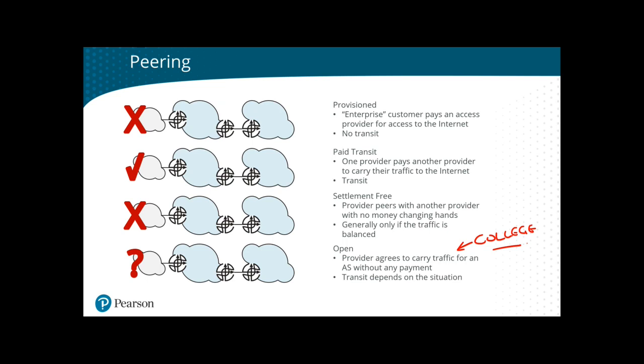I'm going to drop this link in there, and you're just going to give me the traffic directly rather than going through a transit provider and paying your upstream. So open peering will often happen between content providers and transit and access providers as well. But again, we'll talk about that more later.